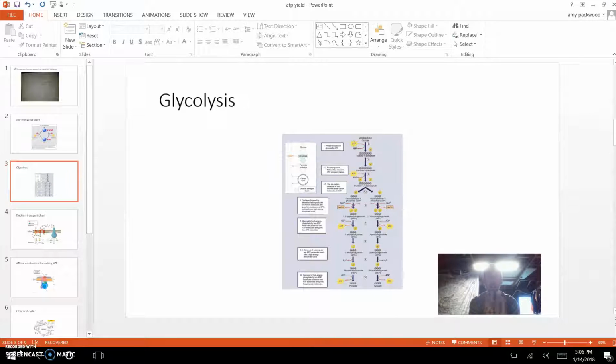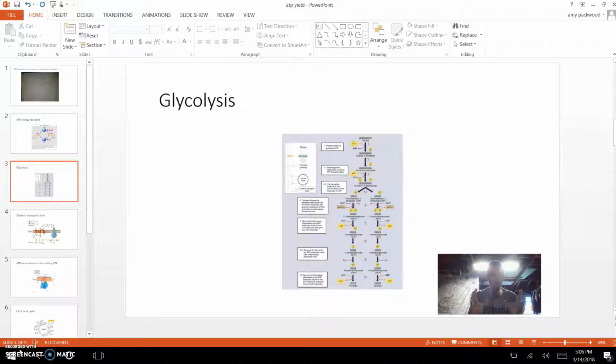Glucose is basically the main substrate, so to speak, and that turns into pyruvate through a process called glycolysis.